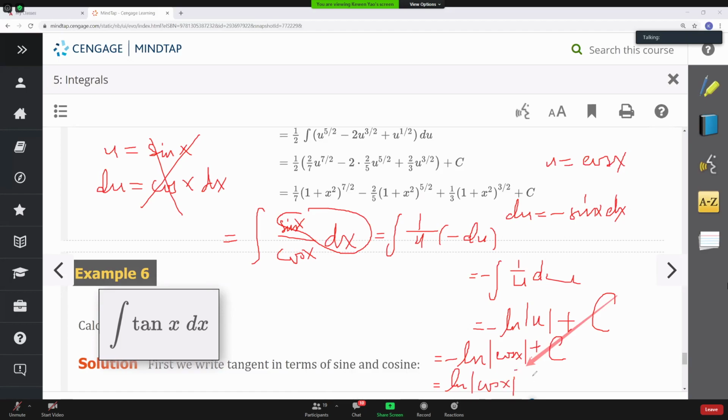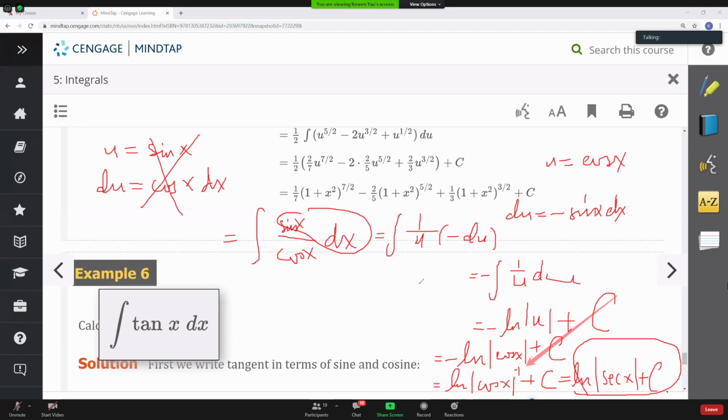And cosine x to the power negative 1 is secant, because 1 over cosine is secant. So you can write this in a neater form: ln absolute value secant x plus c. So we have found the answer.